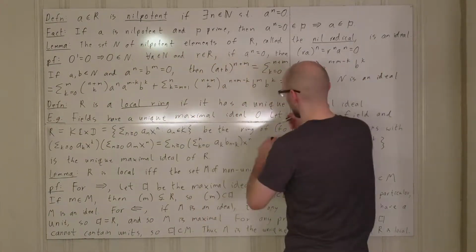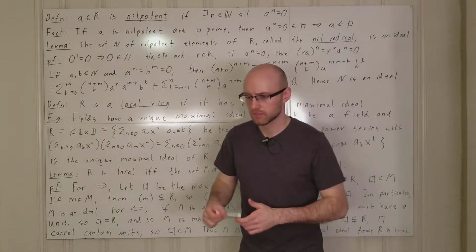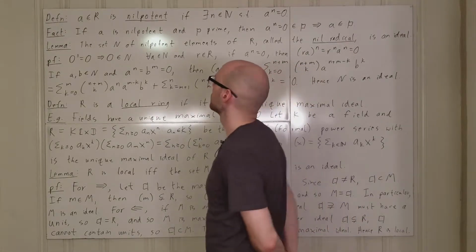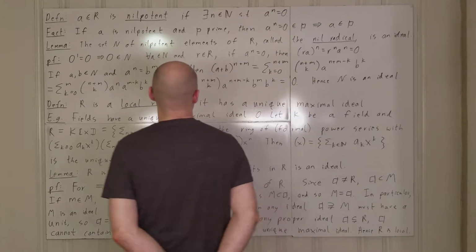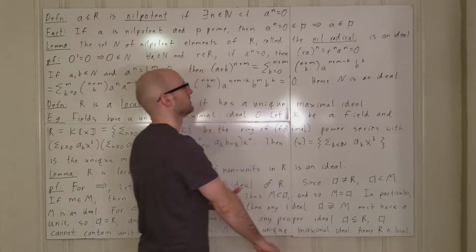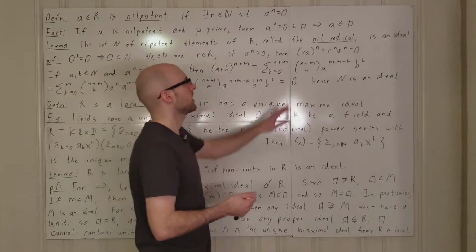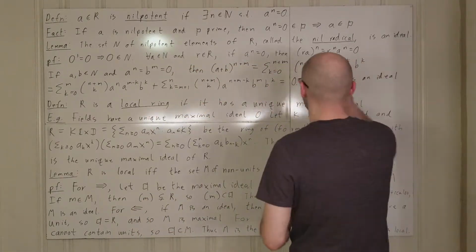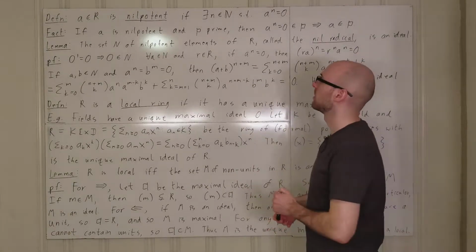So it suffices to prove that multiplication on just one side works. Yeah, if we're in a commutative ring, then it suffices, because that's why we're able to move all the r's here and the a's over. Okay, so this is good. So ra is in there, and then certainly ar will also be in there, and so this is closed under multiplication by any element in the ring.